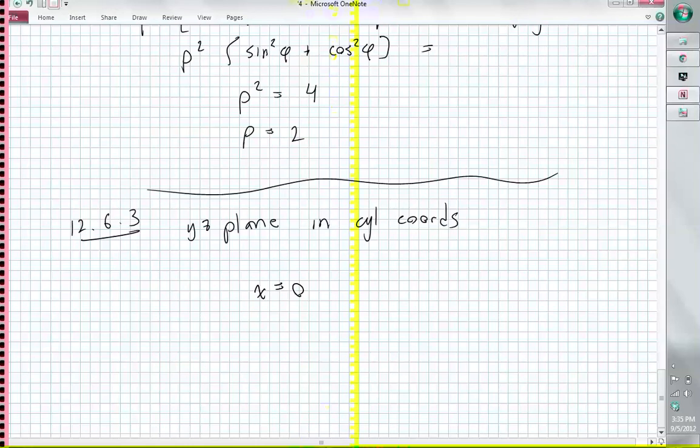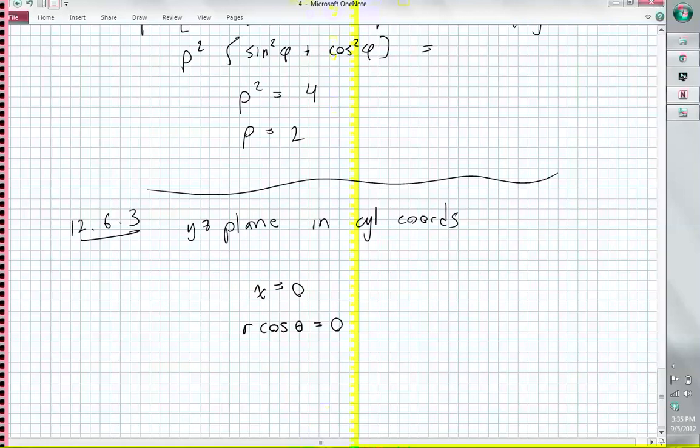Suppose I want this in cylindrical coordinates. What do I do? Plug in, so x equals r cosine theta. That's the equation of the YZ plane in cylindrical coordinates.